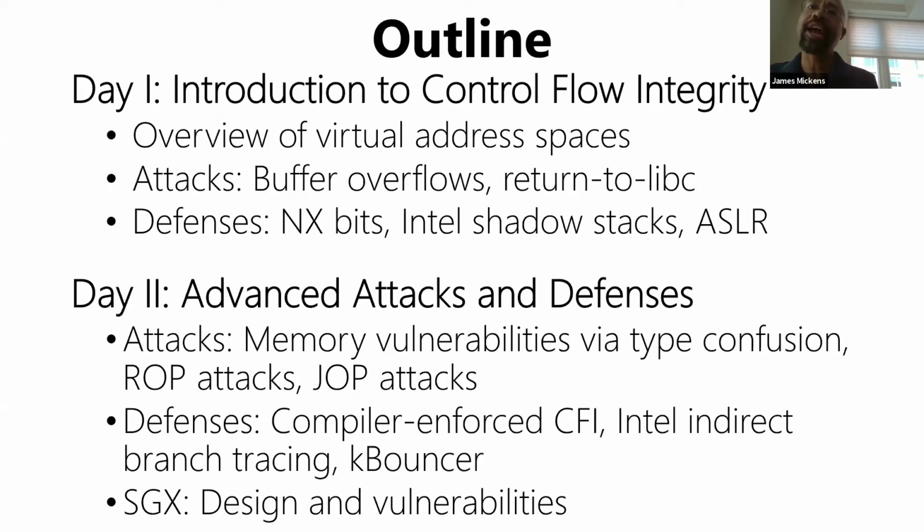And then in the second half of day two, we will look at the beast that is known as SGX. SGX is a series of technologies designed to allow secure enclave computation. It allows someone to run a program inside of a piece of memory that not even the OS or the hypervisor can touch. So we'll look at the design for SGX, and then we'll look at some vulnerabilities involving side channels that people have found for SGX technology.